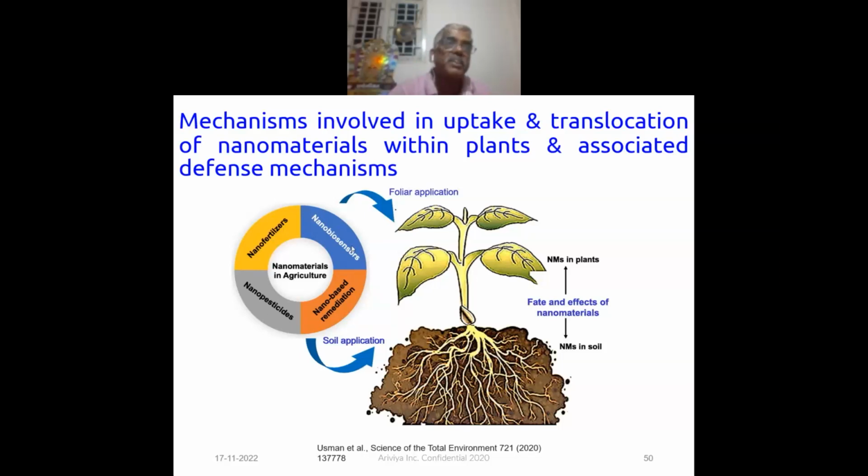Nano fertilizers, nano urea is very famous. IFFCO is selling nano urea. So nanotechnology is playing a major role in agriculture right now. On one side it is enriching the soil, on the other side foliar application helps plant growth. So both sides nanotechnology is contributing.